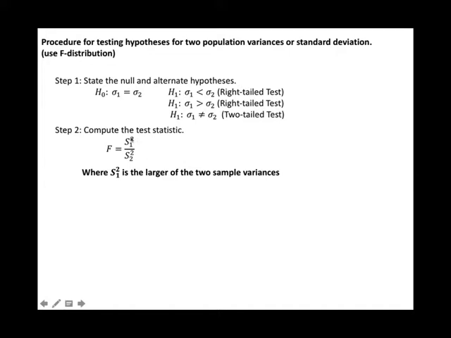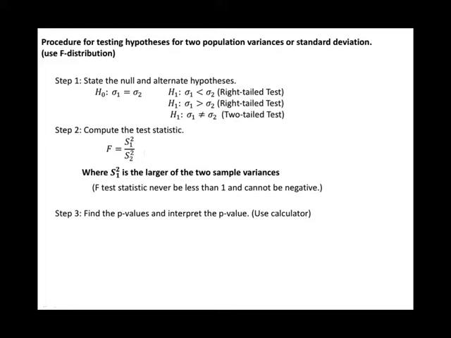The numerator has to be greater than the denominator. The test statistic can never be less than 1, because the numerator is greater than the denominator and cannot be negative, because variance is always a positive number.